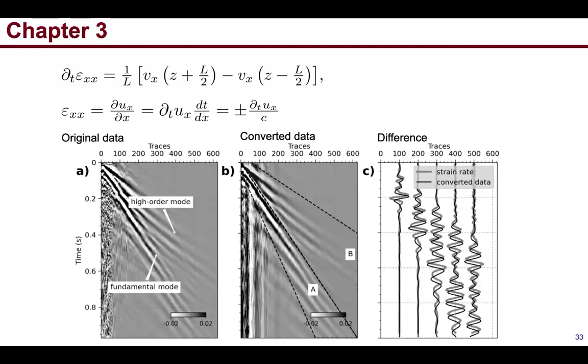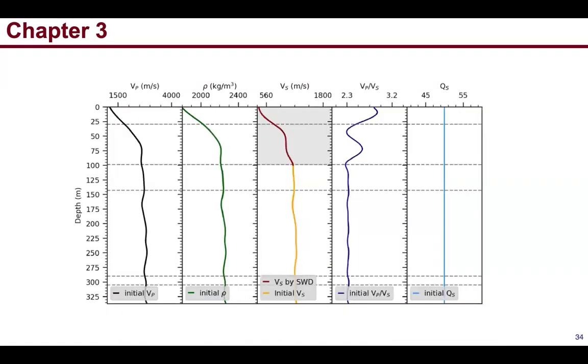Just in FWI, we need to conduct more processing steps. First, we need to convert the strain rate data to velocity based on the plane wave approximation. And we need to build our initial model, and you need to build it cautiously.